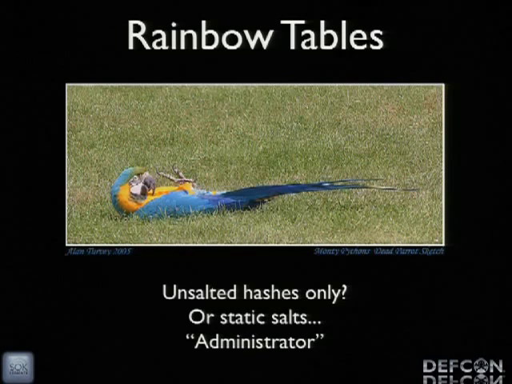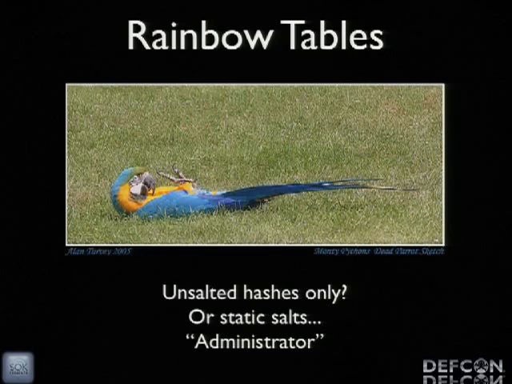So static salts are not good. Domain cached credentials can also be attacked with rainbow tables. There are tables out for the domain cached credential 1, or I guess MS cache hashes. There are not any yet for the domain cached credential 2, which are stretched significantly, but I am working on it.